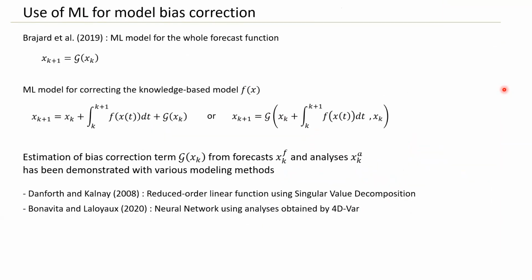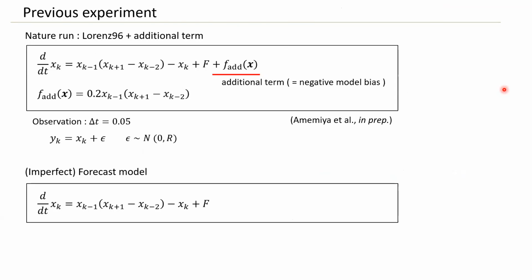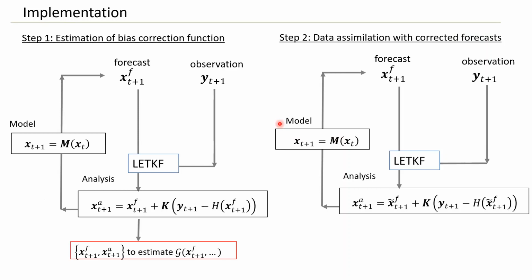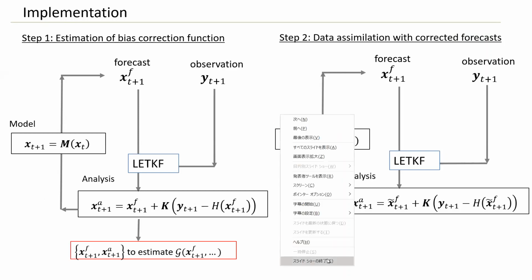I have maybe one question, but first of all, I would like to thank you, Arata, for your nice explanation and state of the art of this field. It was very interesting, and something that is not very clear for me. Can you come back to your experiment, and especially step 2 in your algorithm? I'm trying to understand if you apply your bias correction to all the members.